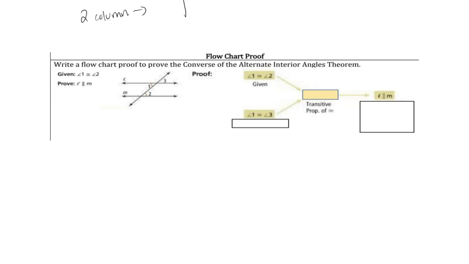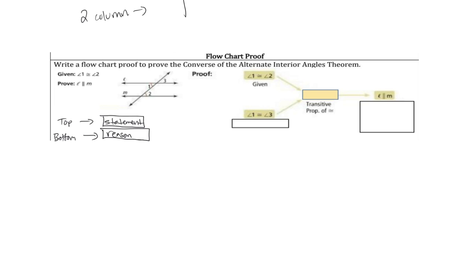Now for a flow chart, on top, we're going to have the statement, and then below it, we're going to have the reason. So on top, and then on bottom.